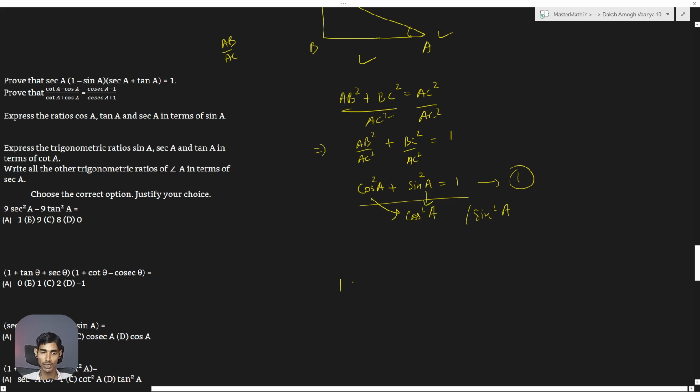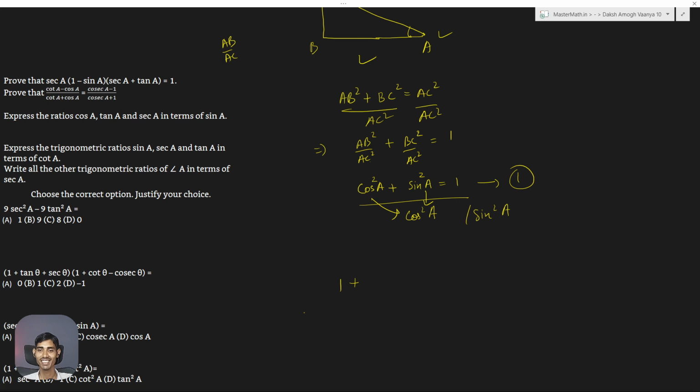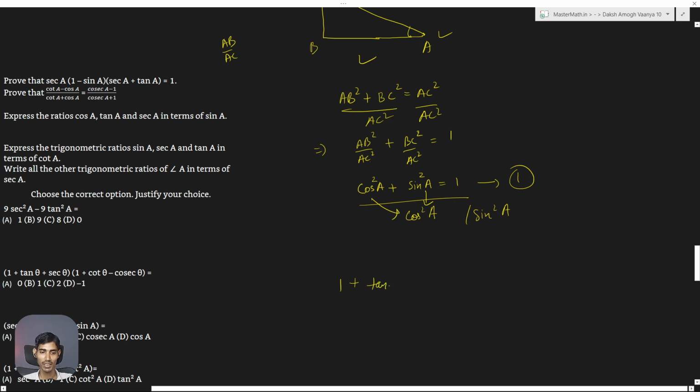Sine square A by cos square A is tan square A. And 1 by cos square A would be, you can continue. Sir, 1 by cos would be sec square A. Yes. So this is our second identity.